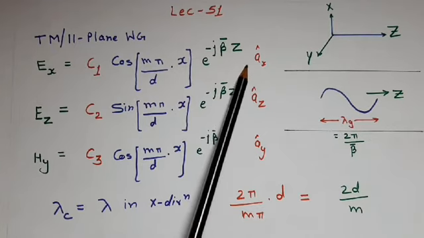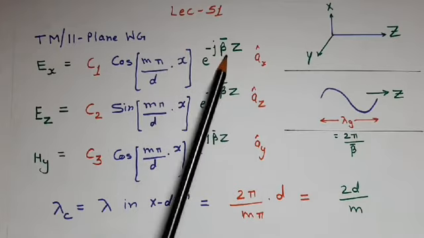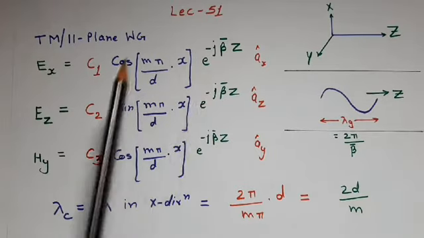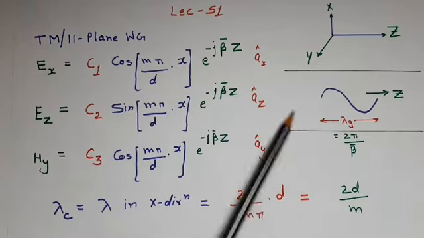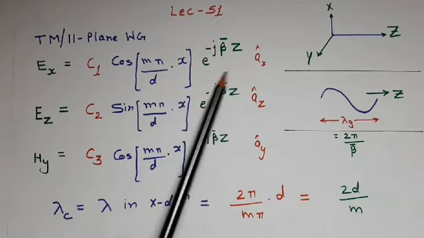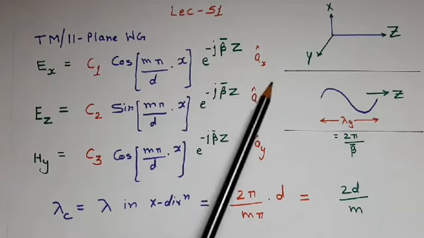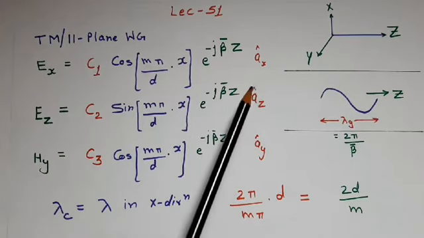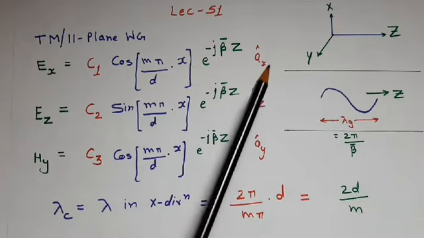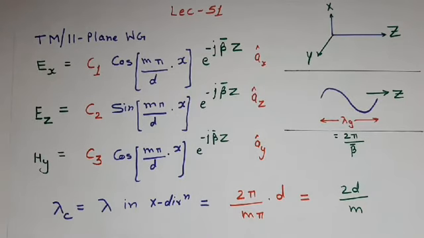But field distribution always shows how the field is distributed in space, or more appropriately we can say the space available between two planes. Therefore, the field distribution always shows field variation with respect to space only. So in plotting field distribution, we can take time t is equal to 0. It means the field distribution which we are plotting is the field distribution at time t is equal to 0.